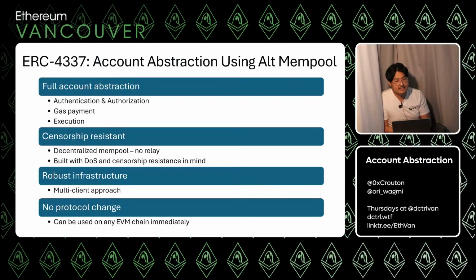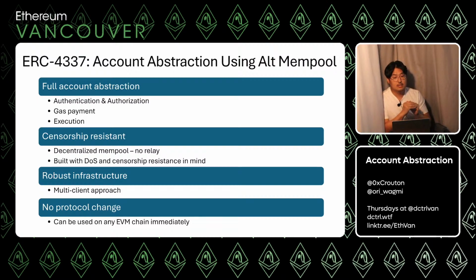So what is ERC 4337? It's called account abstraction using alt mempool. ERC 4337 offers full account abstraction, right? Christian talked about the separation of validation and execution, or the gas payment and the execution. That is achieved by this standard.